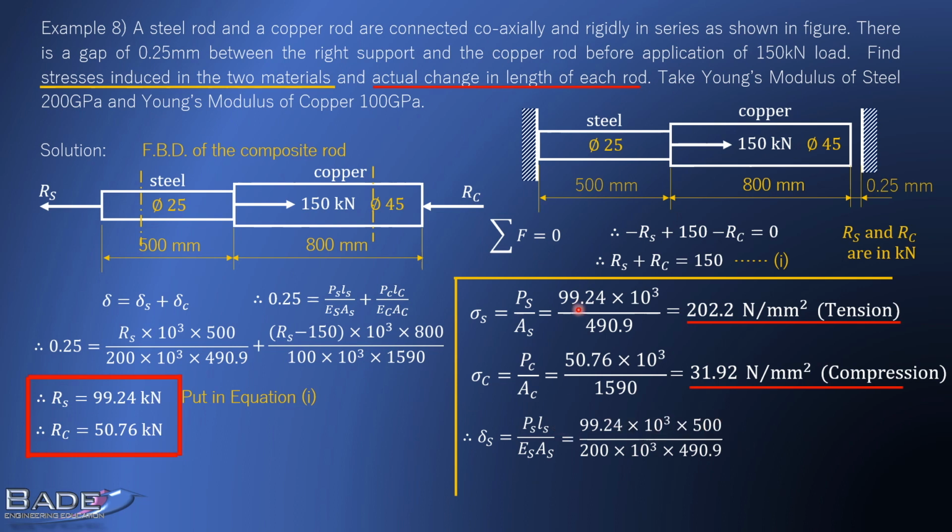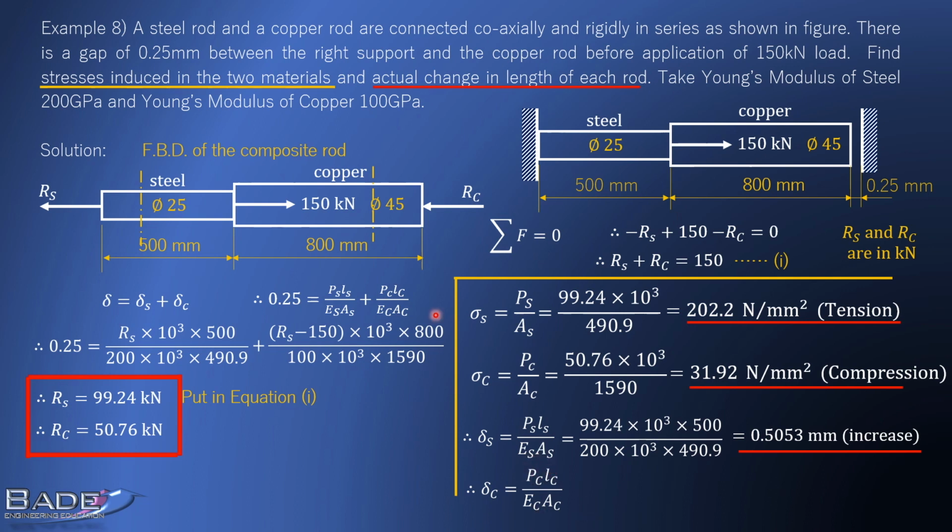Load on steel is 99.24. Watch here, PS is nothing but RS, load on steel, it is pull type of force, so it is elongation, increase in length. Now load on copper is PC, so delta C is PC LC upon EC AC.